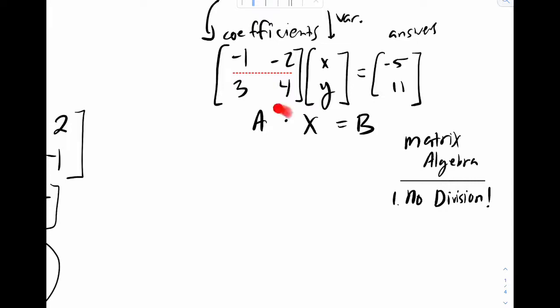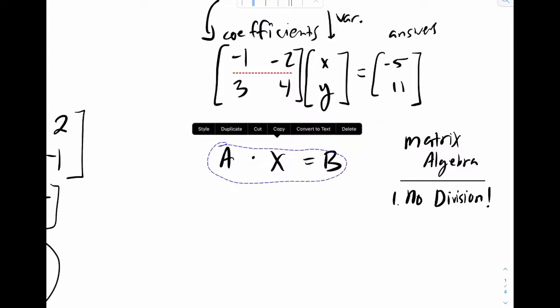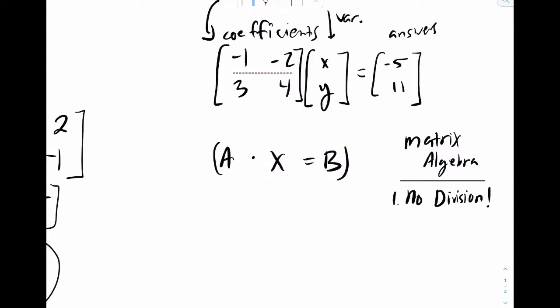In regular math, you would divide by A. But in matrix land, you multiply by what would cancel A out, which would be A inverse. So you simply multiply by A inverse.